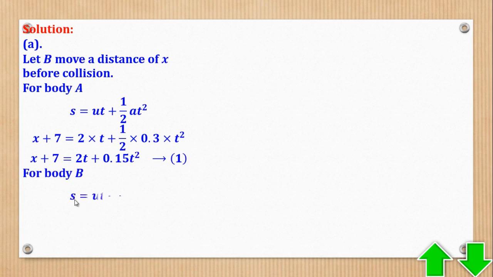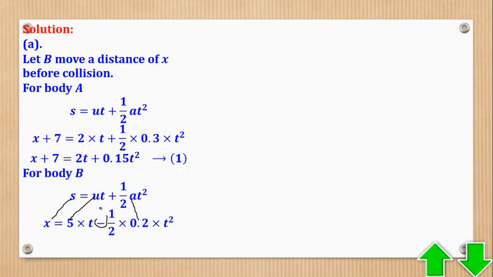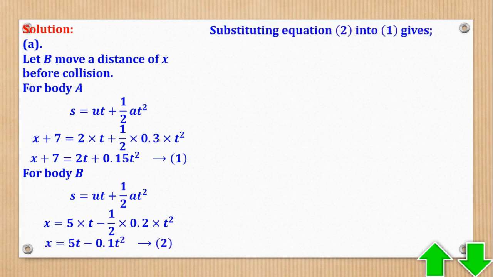So for body B, I'll still use the second equation of motion and substitute: displacement is x, initial velocity is 5, acceleration, it was retardation, that is why there is a minus here. So I have now two equations and two unknowns. I can substitute equation 2 into equation 1 to come up with that.